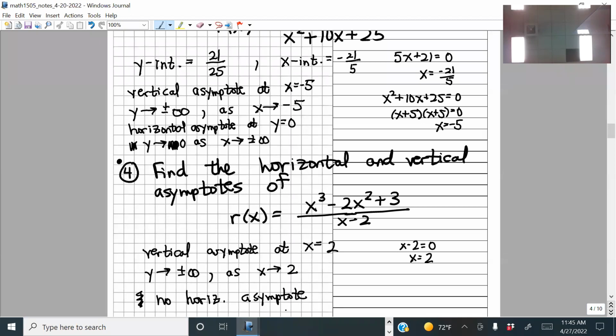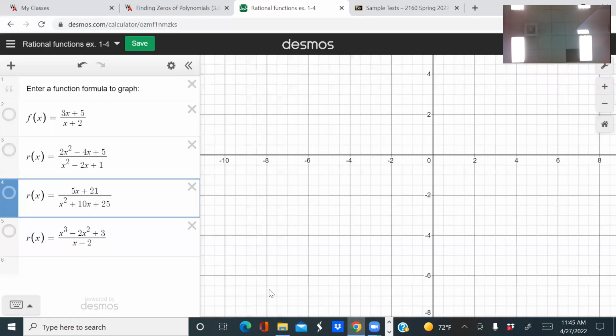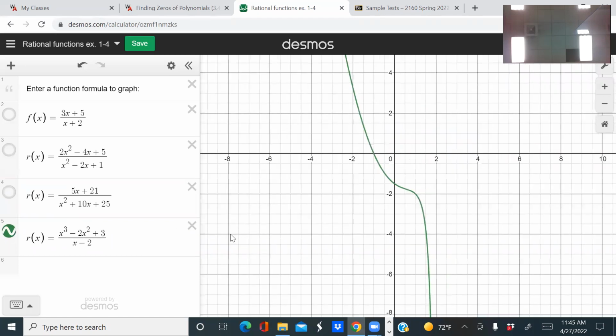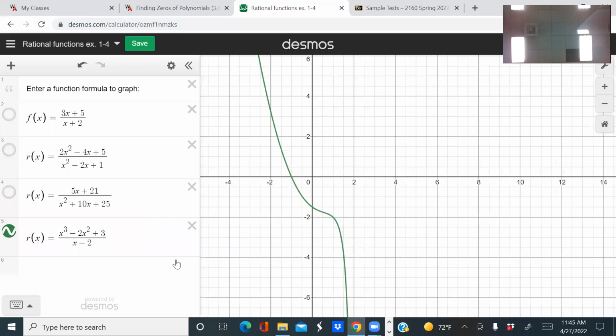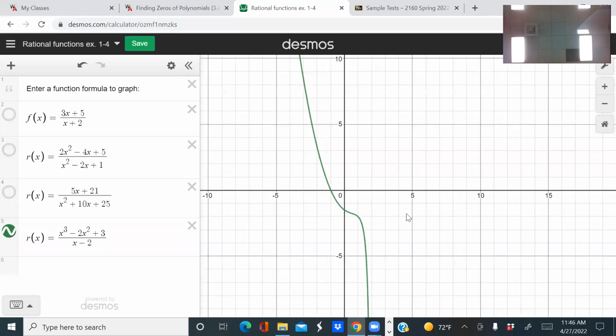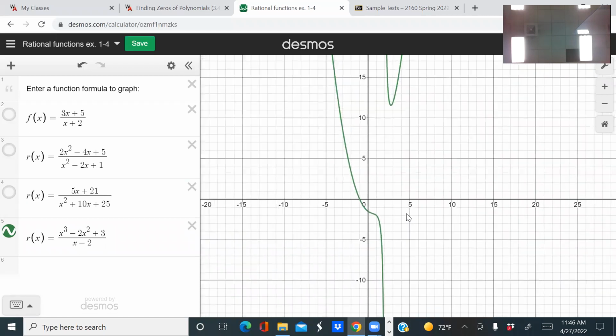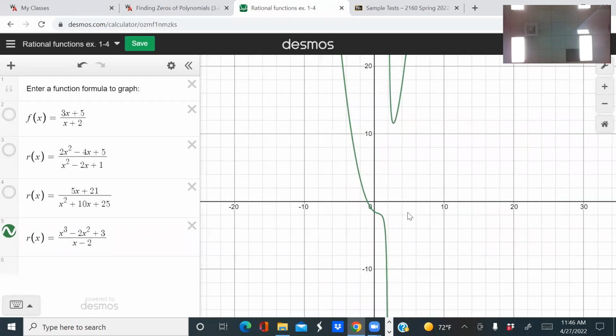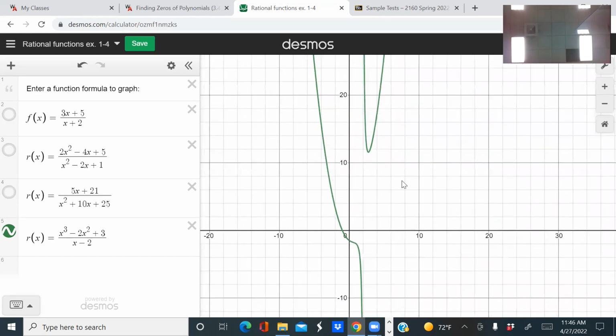Let's graph it and just verify that one. So is that this one? Yeah, I think so. So wow, boring there, right? Not as boring as I thought. If you zoom out a little bit, there are 2 pieces there, right?